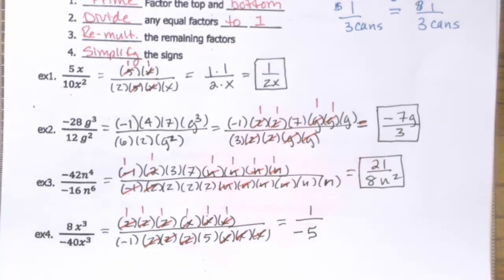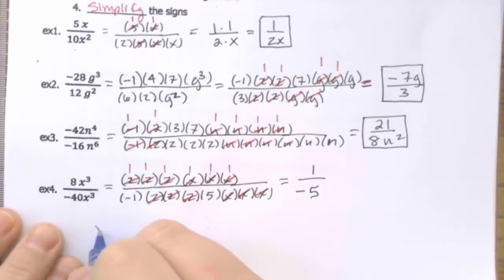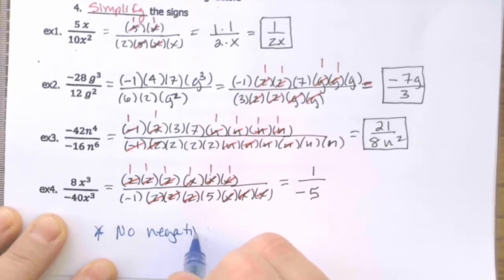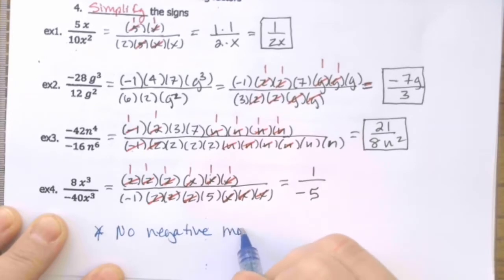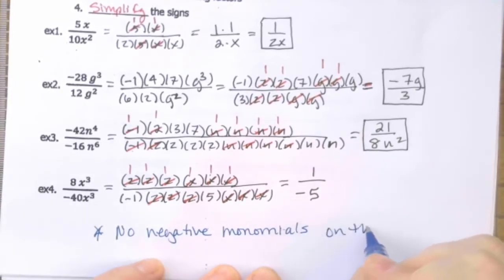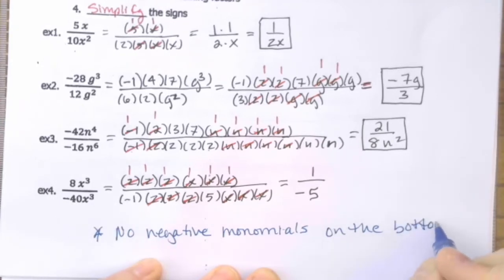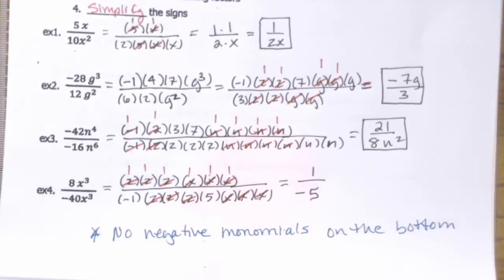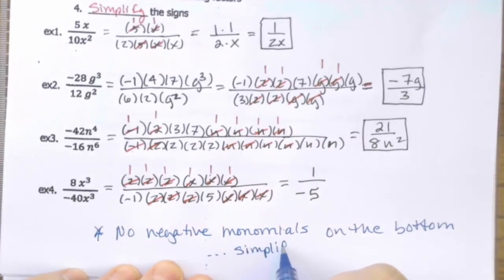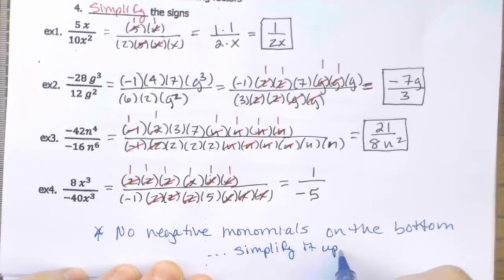Now, one of the rules for reduction is you can have no negative monomials on the bottom. So you can't end with the negative on the bottom of the fraction. You have to simplify it up.